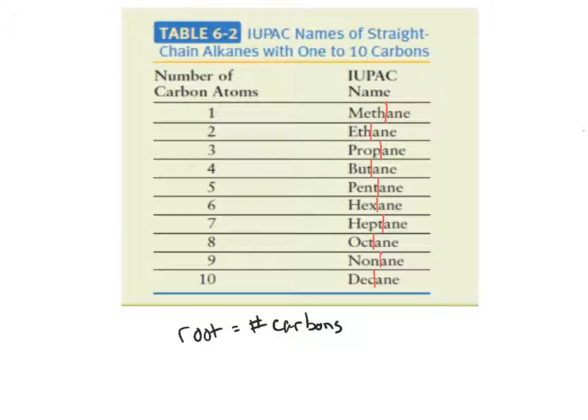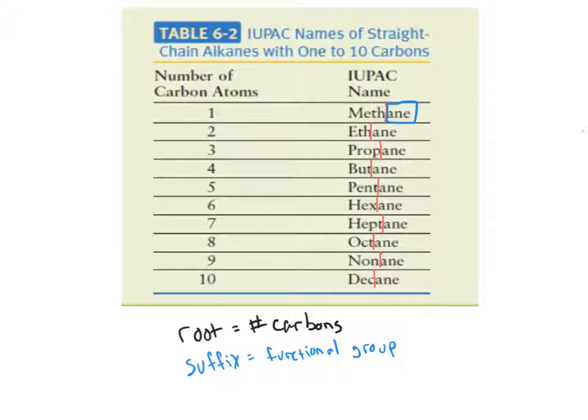We also see here that the end of all of these compounds is ane. That is the suffix. The suffix tells you what type of functional group the compound belongs to.